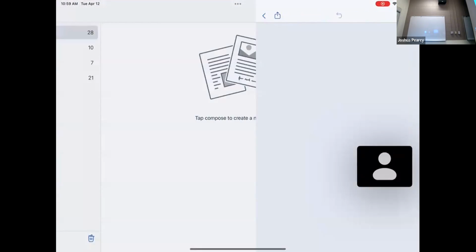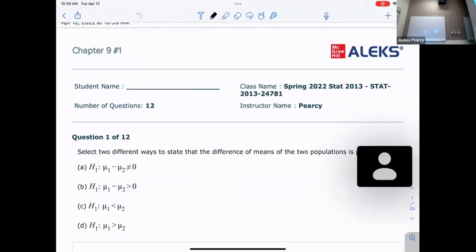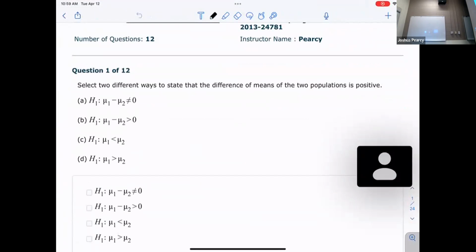This section right here. That and the p-value. P-value always gets people in 8 and 9.